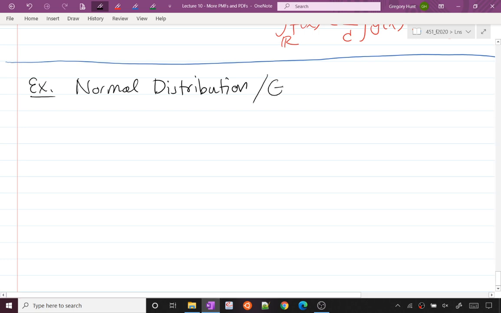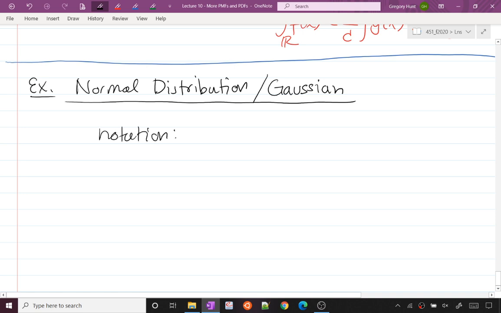It's also called the Gaussian distribution, named after Carl Friedrich Gauss, who developed a lot of the basic theory of regression and normal probabilities, along with other people. The normal distribution is one I think we're all passingly familiar with. We're into our first distribution with parameters.